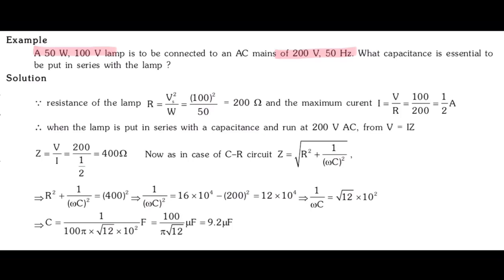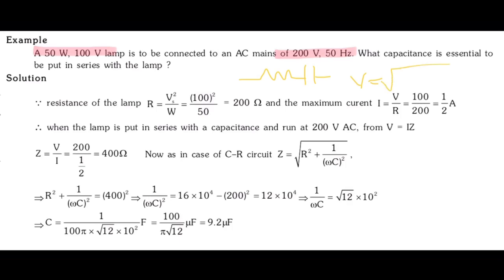Since the voltage is changed, we have to connect something in series with the lamp. Then only it will work without any issues. Here we have resistance and we are connecting a capacitance in series. Then only the resultant voltage should be 200 volt.